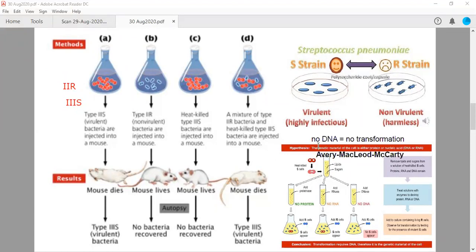After many experiments, Avery, MacLeod and McCarty finally proved that DNA is the material that moves from the lysed type 3 S cells to the intact type 2 R cells and is responsible for the transformation.